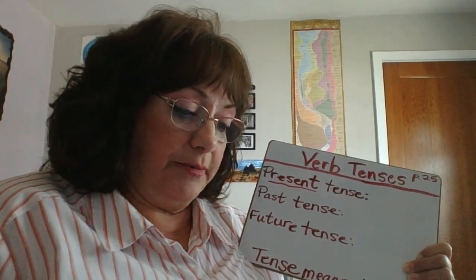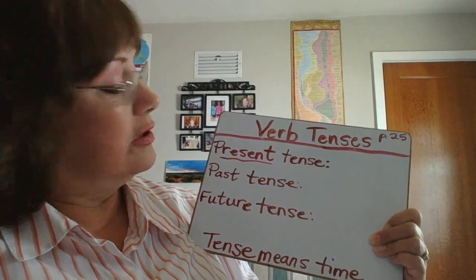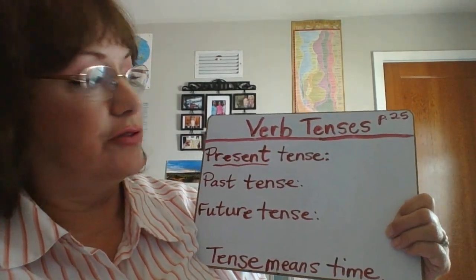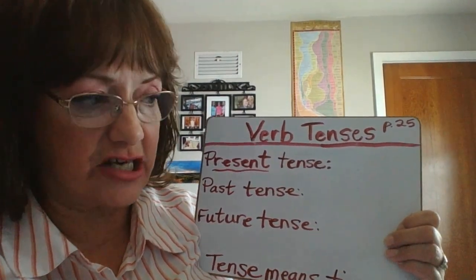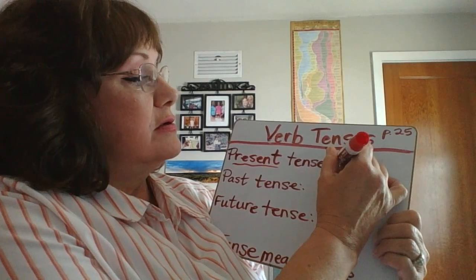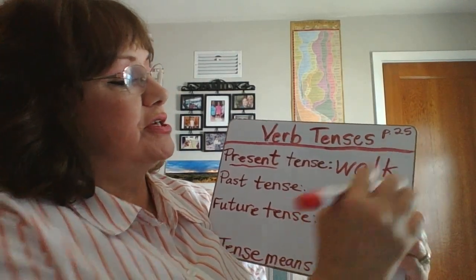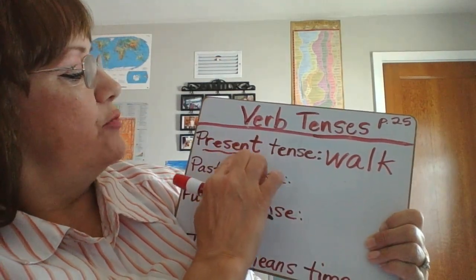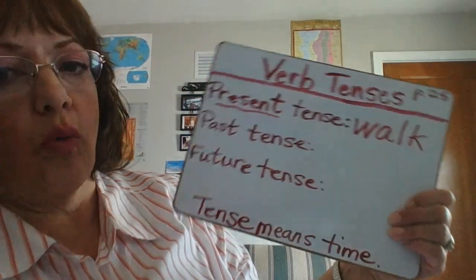Okay, they have a good example in your book. They have, the girls walk to school. Okay, the word walk is obviously our verb that shows action. The girls walk. That action, that verb, is happening right now. So we call that a present tense verb, walk.